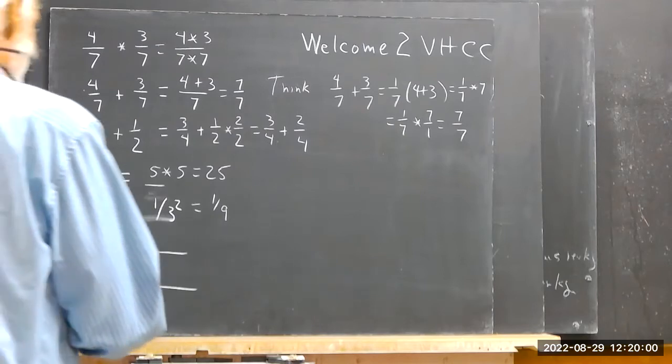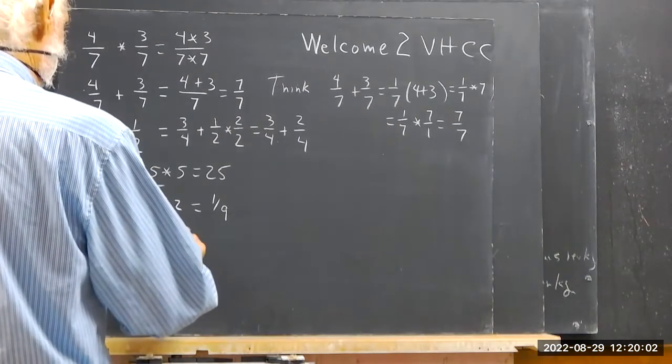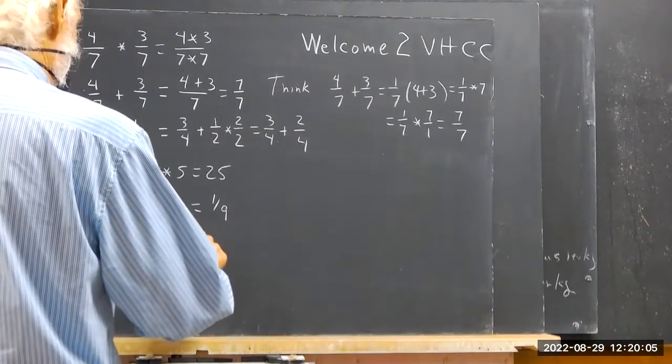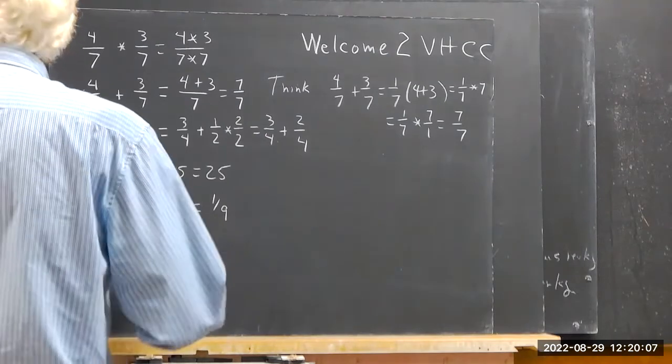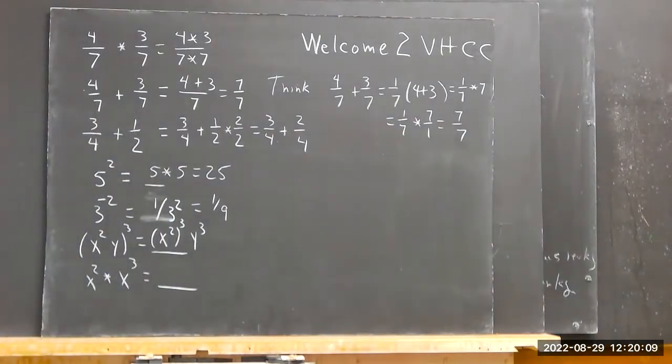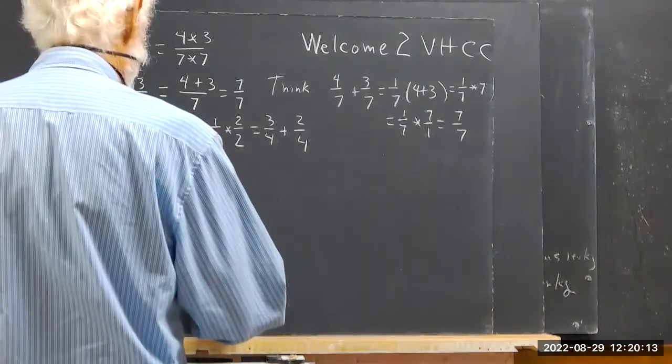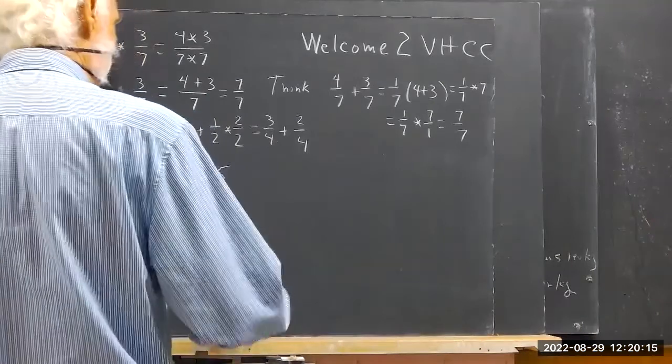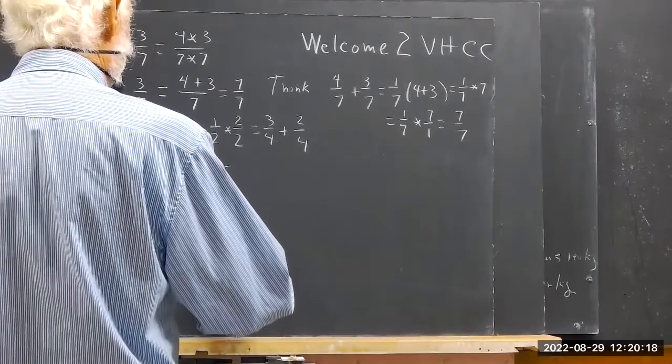Okay, x squared y cubed is x squared cubed times y cubed. X squared cubed, I'm going to write it out. That's x squared is x times x.